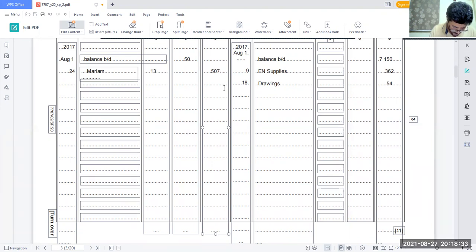Okay. Now 365 for office equipment, that is on the 27th. We write over here office equipment.